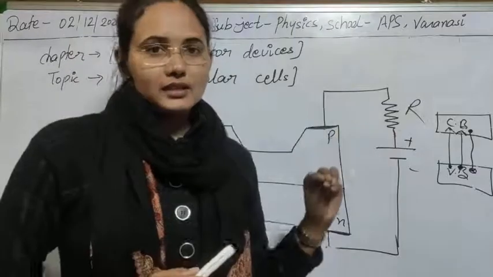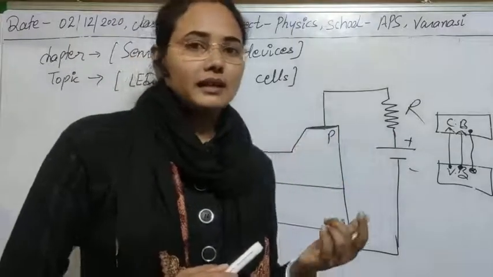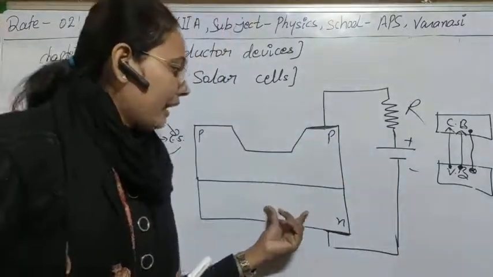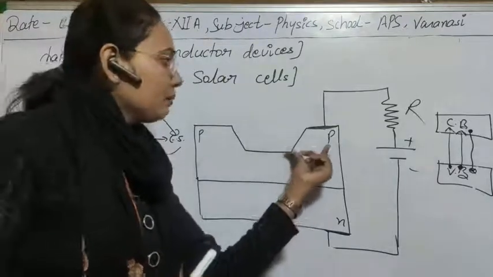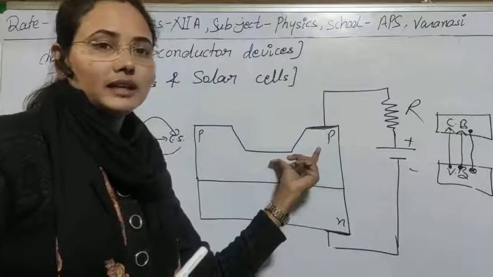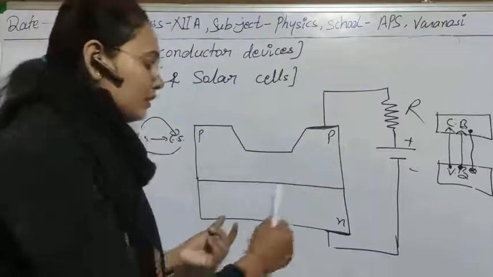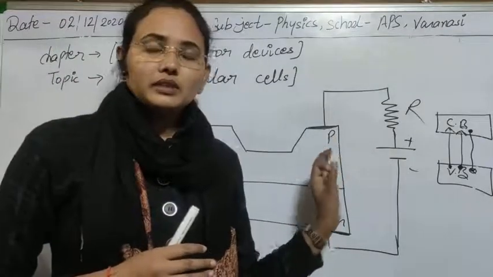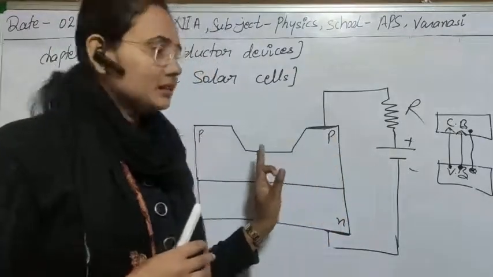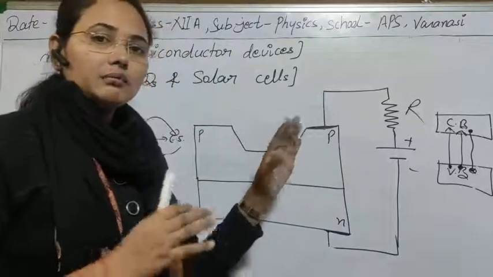We need charge carriers, because here charge carriers are recombining. We know that in n-type materials the majority carriers are electrons, and in p-type materials the majority carriers are holes. So what is the concept? We are also using the concept of minority carriers here, but we still need a large number of charge carriers.